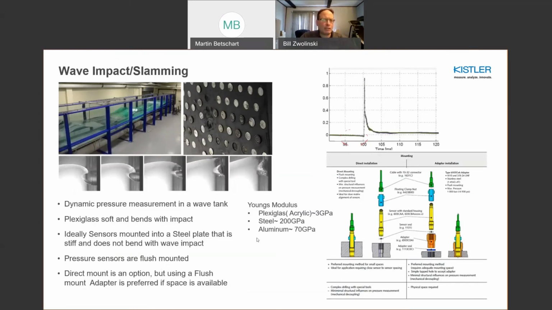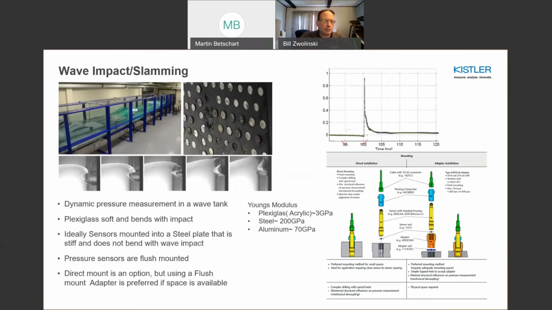I've seen where plexiglass is sometimes used, and plexiglass actually has a very low Young's modulus compared to steel and aluminum, and you get actually bending, and that could actually create errors in your measurement depending on the sensor you use. So I often recommend taking a metal plate, installing your sensors on a metal plate. Even if you have a plexiglass tank, you can accommodate a watertight solution with mounting this plate to your plexiglass, and it gives you a very stable platform to measure pressure.